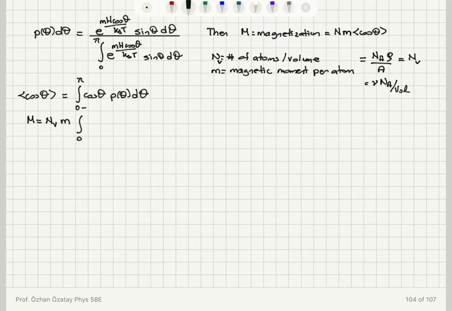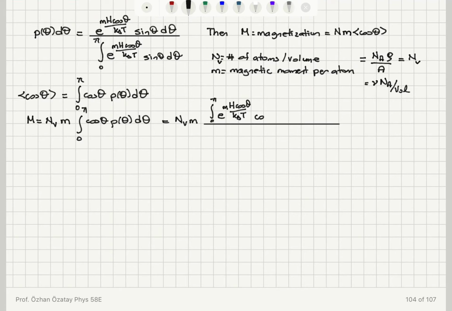integral from 0 to pi of cosine theta p of theta d theta, which is the number density times magnetic moment per atom m, integral from 0 to pi e to the mh cosine theta over Boltzmann constant times temperature, and I had this multiplied by sine theta d theta.